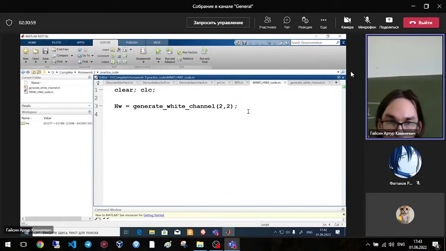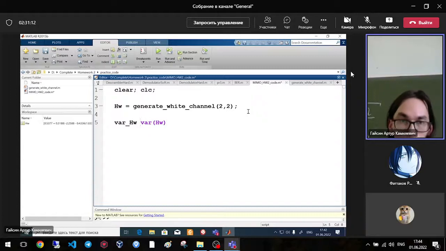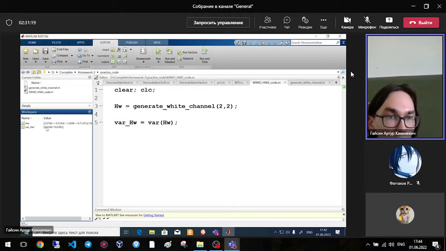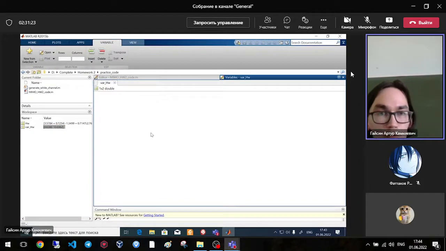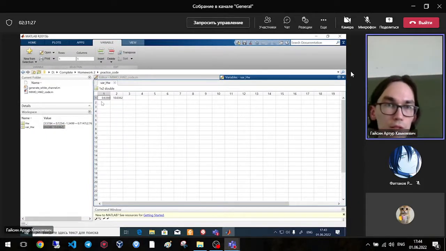Next, let's calculate the variance of this HW. Variance of HW is equal to this one. And you can see we have 2 variances for the first and second columns. And you can see it is equal to 0.6 and 10.